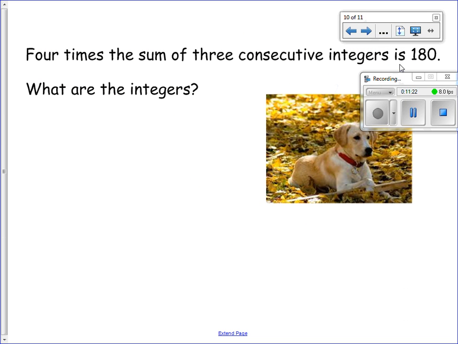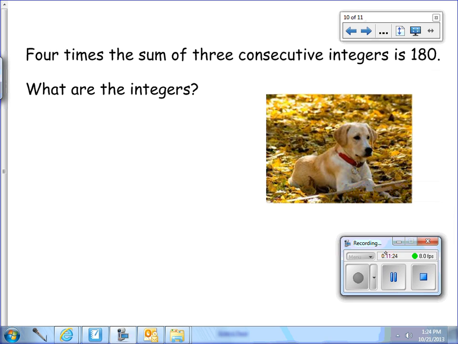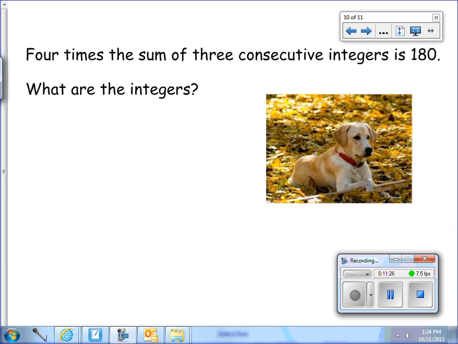Now we're going to continue with using problems that we've done before, but now we'll have a little twist to it. 4 times the sum of 3 consecutive integers is 180. What are the integers?